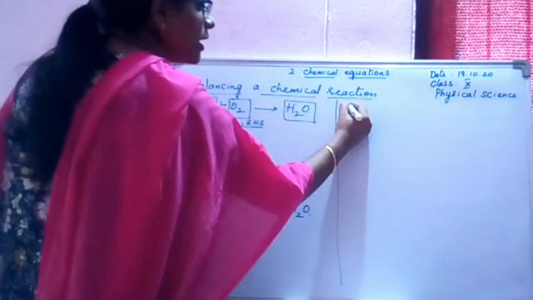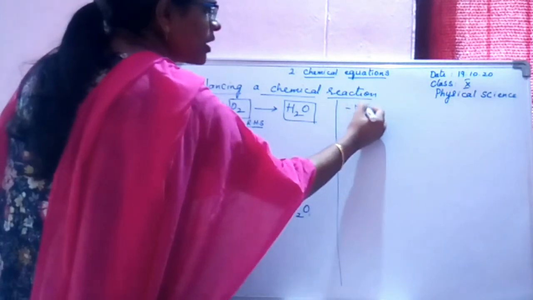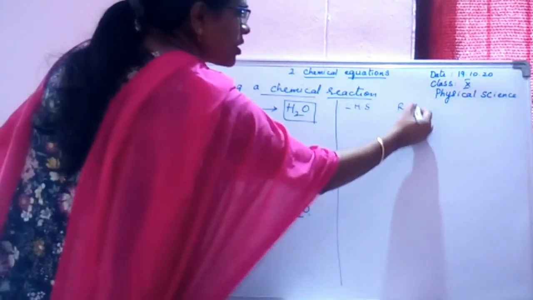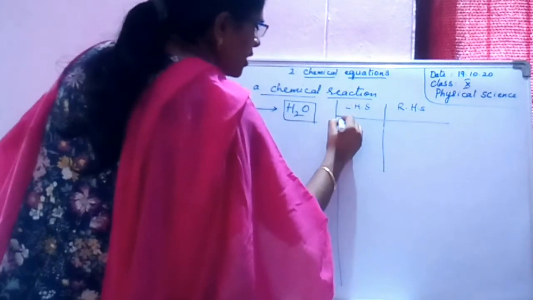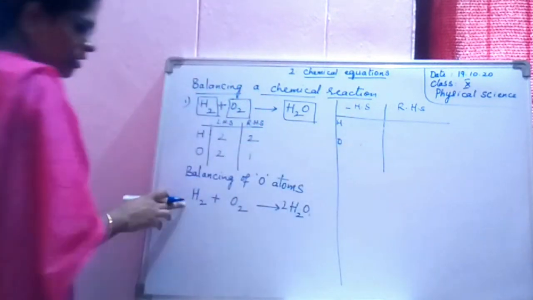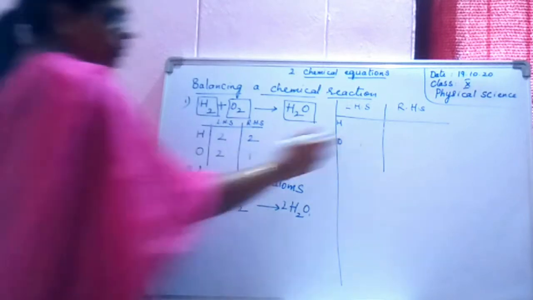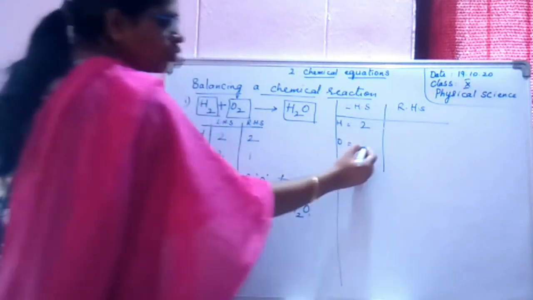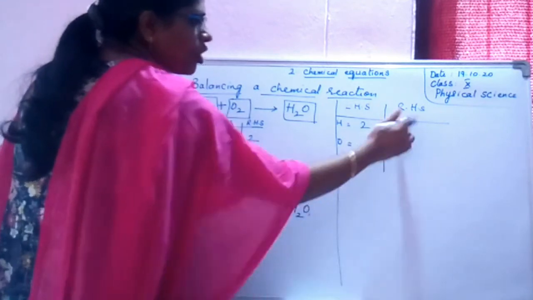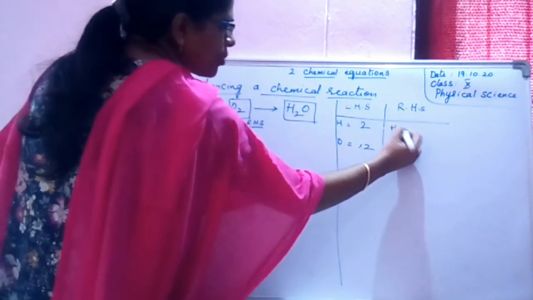See here, LHS, RHS. In LHS, hydrogen and oxygen. How many hydrogens? 2. Oxygens, 2. RHS hydrogens, how many?